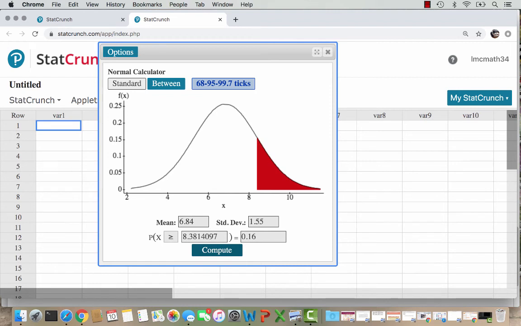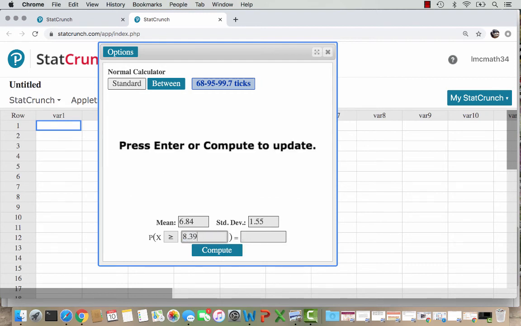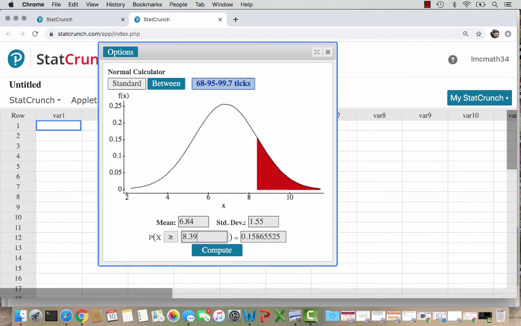It gives us an x value of 8.3814097, really close. That's because our 68, 95, 99.7% rule uses a little bit of rounding. I'm going to put this back at 8.39, and then my area over here goes back to 0.1586. The areas are always in decimal form.